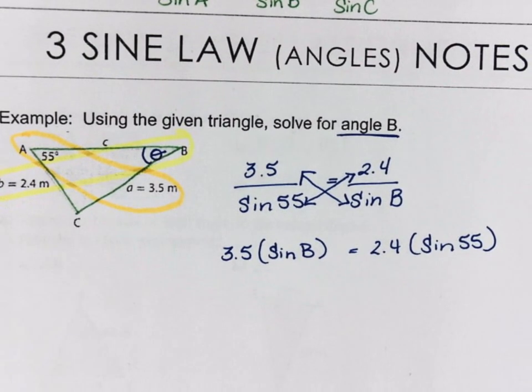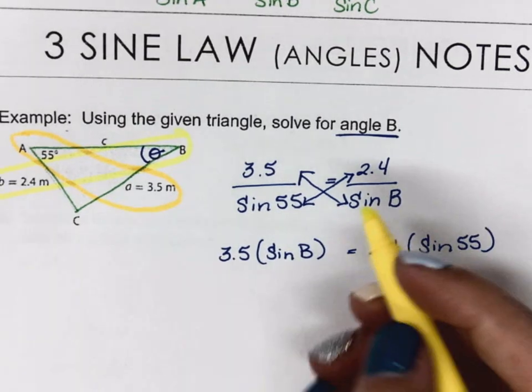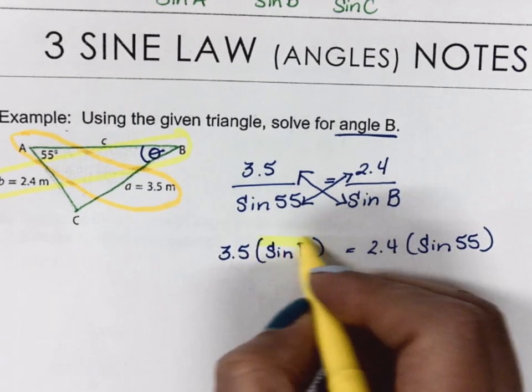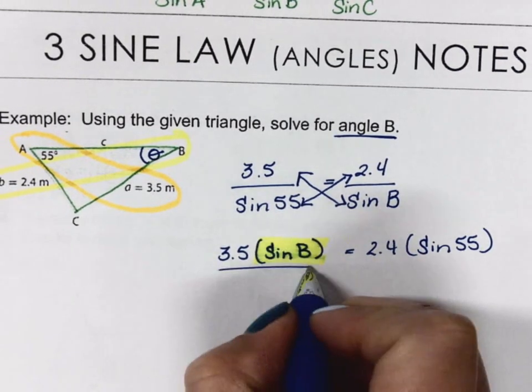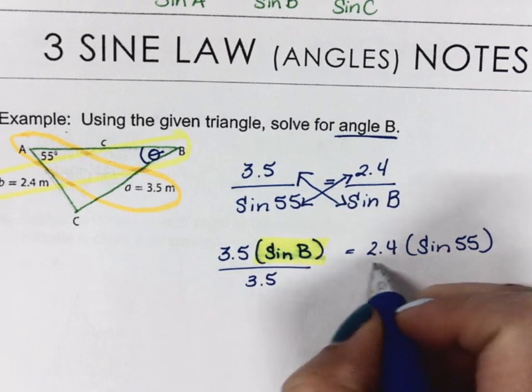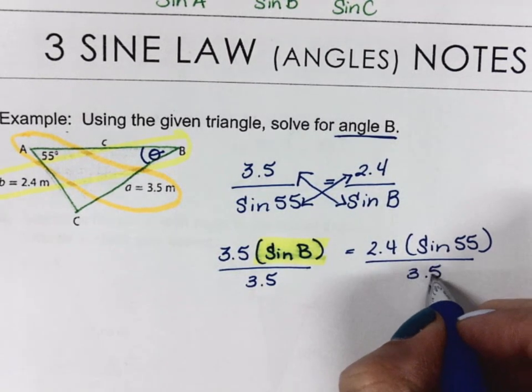All right, so that's the action of cross multiplying. That's pretty straightforward. Now we need to get the sine of B isolated. So we're going to divide this side by 3.5 and divide this side by 3.5.